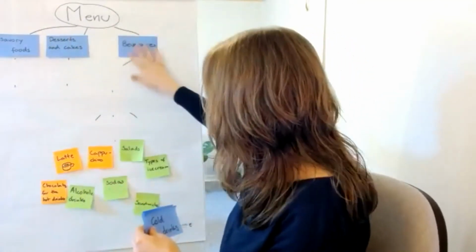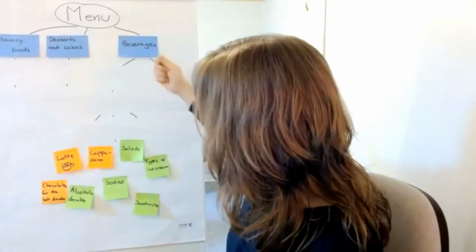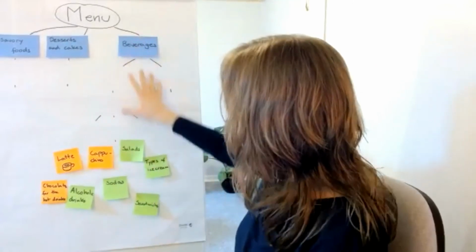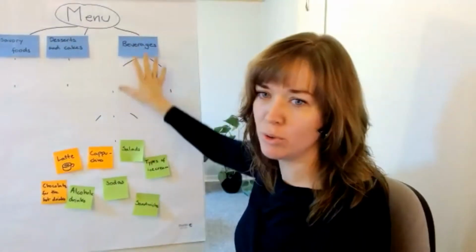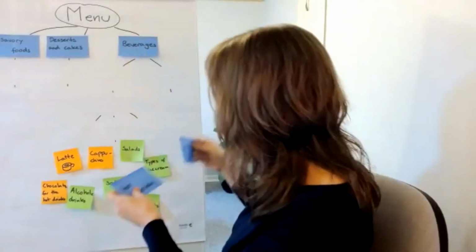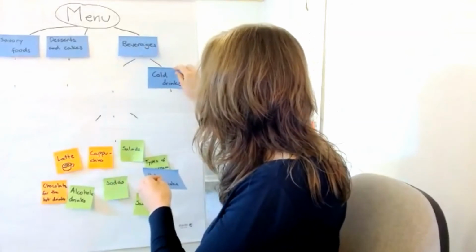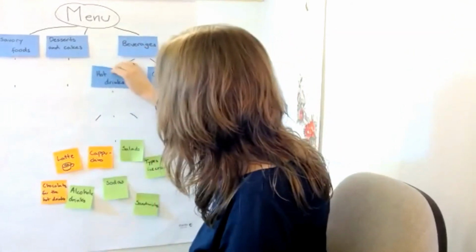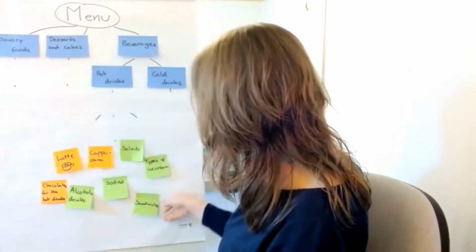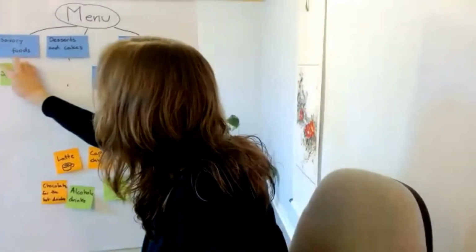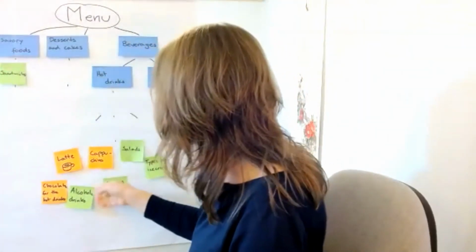And the beverages, we could start putting them up and see them together, but we realized they are actually also a mix where we could divide them. Well, we have cold drinks here, and we have hot drinks. And then we just start putting stuff in our themes, in our folders here.